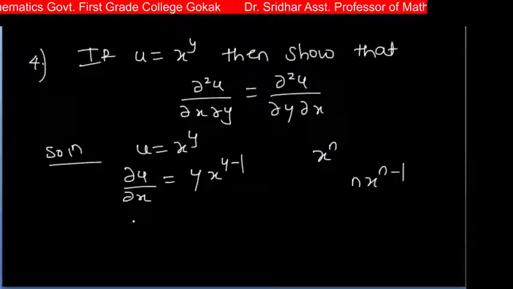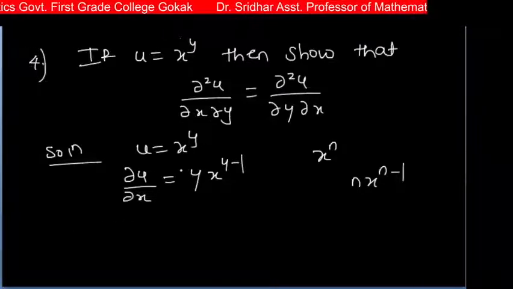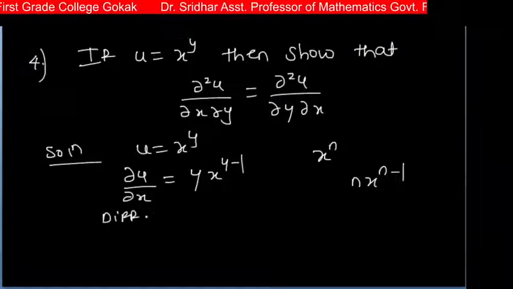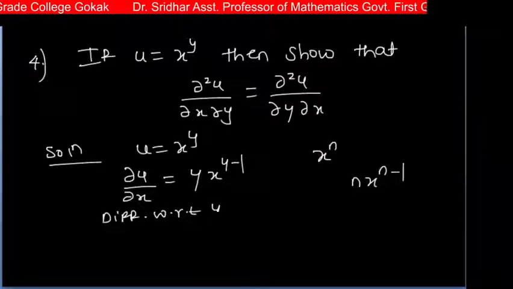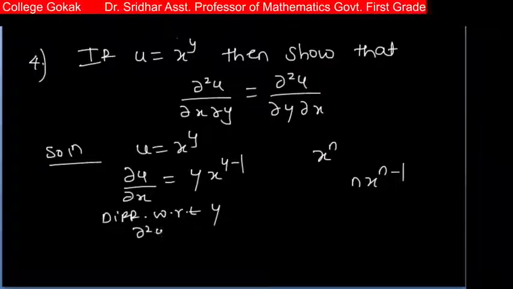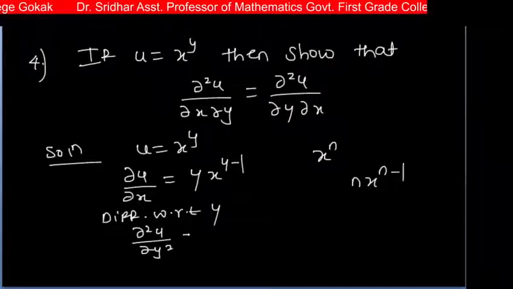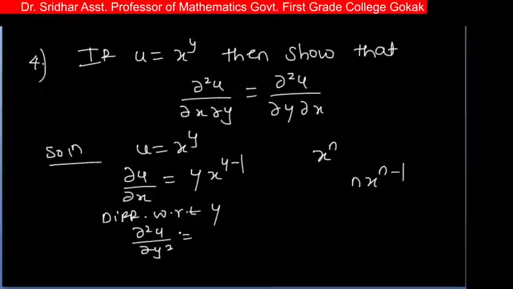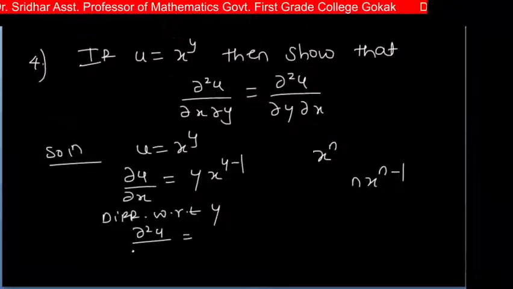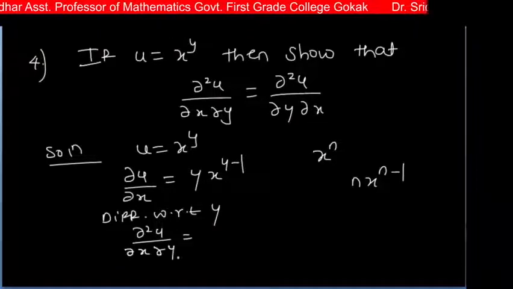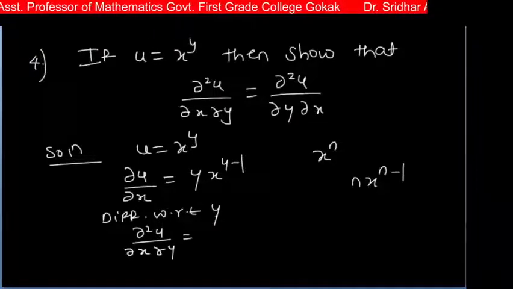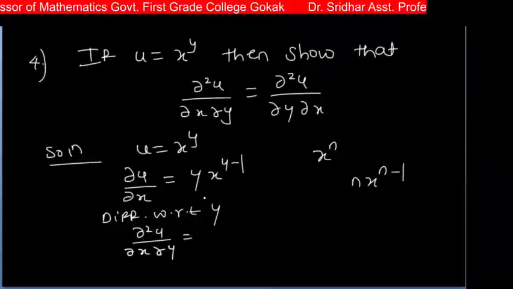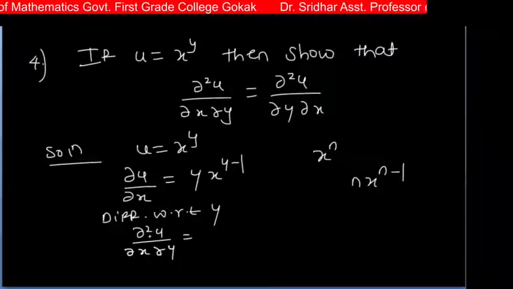Okay, this is ∂u/∂x. Next, we differentiate one more time with respect to y, which gives ∂²u/∂x∂y. So already we differentiated with respect to x, now with respect to y, x is constant and y is variable.